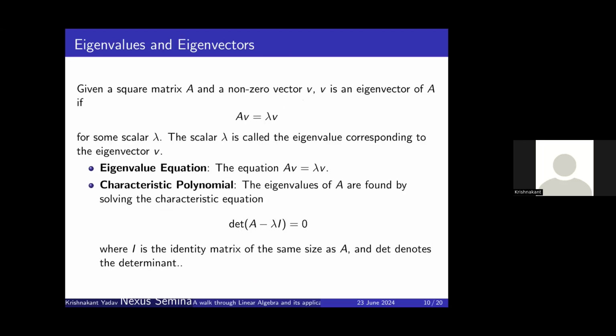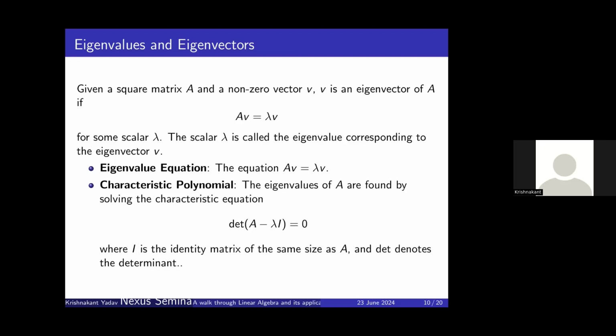So next, moving on to eigenvalues and eigenvectors. We all have the prior knowledge of matrices, determinants, and systems of linear equations. So further on, we will go on to eigenvectors and eigenvalues.